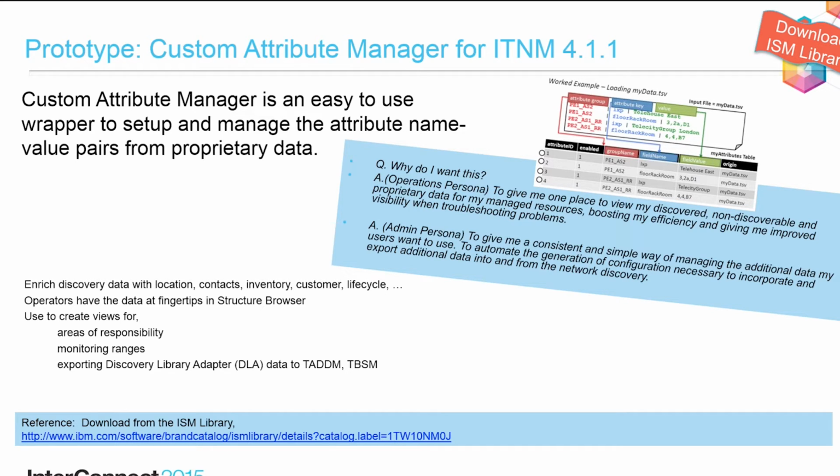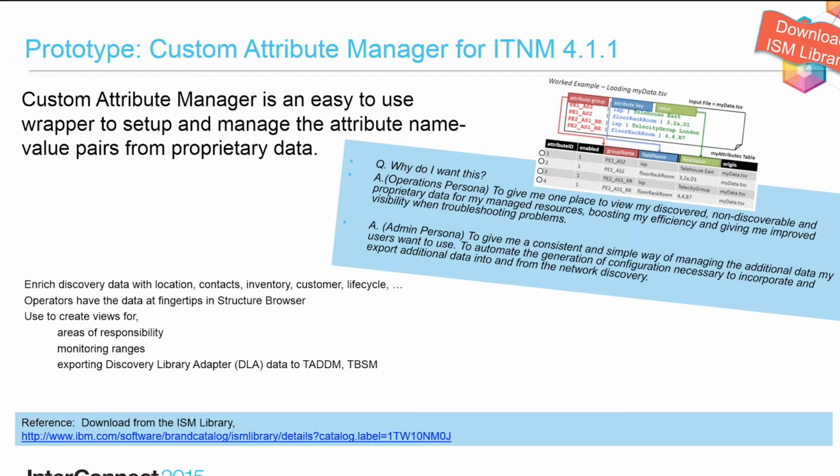So here's another prototype that can be useful for discovery. I'm sure Jenny helps you a lot with customizing the product to set up proprietary information and merge that in, and there are lots of different ways of doing that. One prototype here on ISM is called the Custom Attribute Manager, which we'd like to merge into the product at some point.